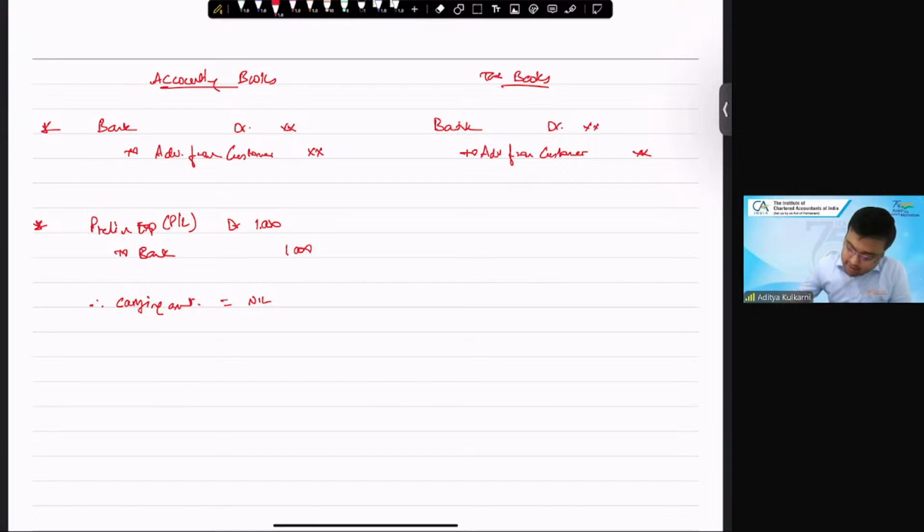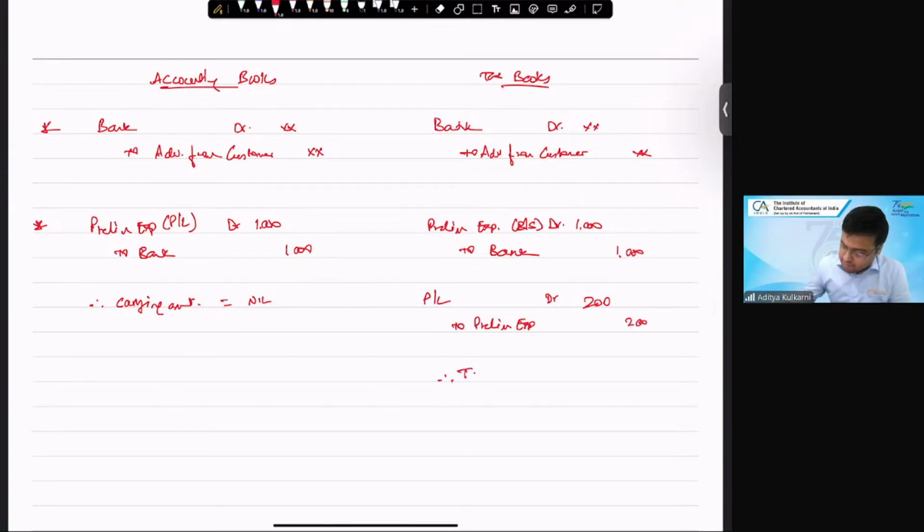But what does the taxman say? The taxman says my preliminary expenses should go to the balance sheet in the tax records, and every year I will allow 1/5, that is 200. Therefore, tax base equals 1,000 minus 200, that is 800. Are you able to understand?